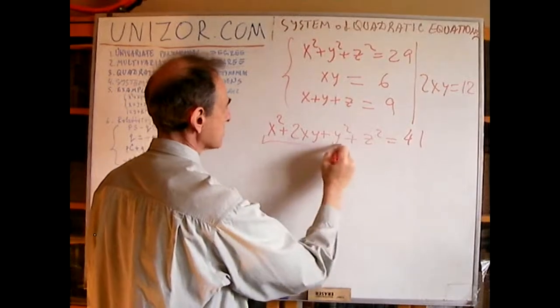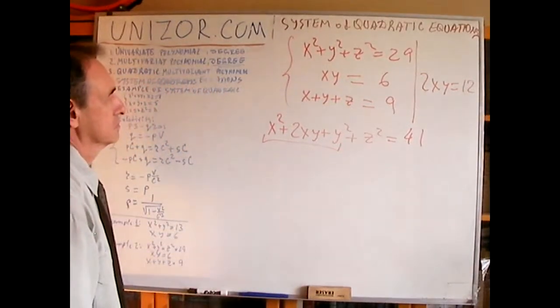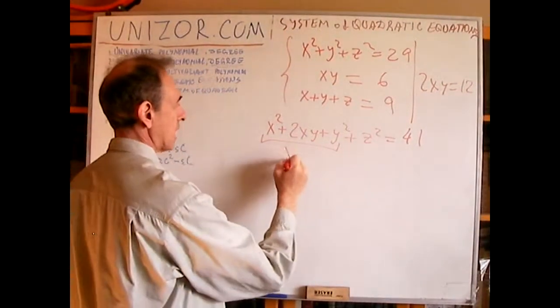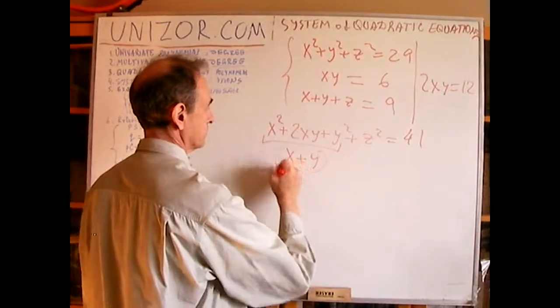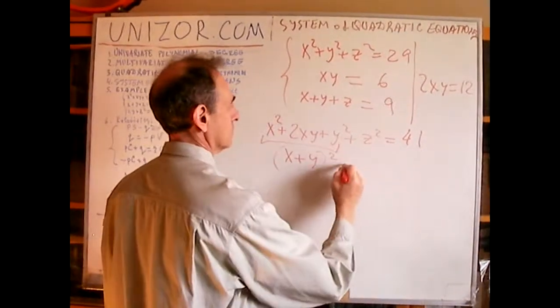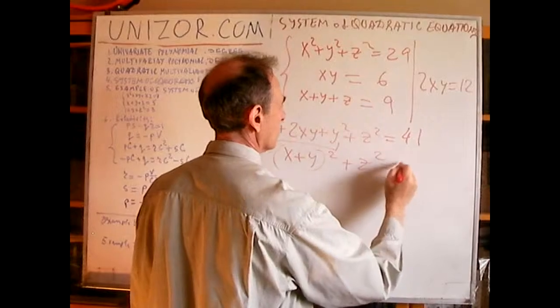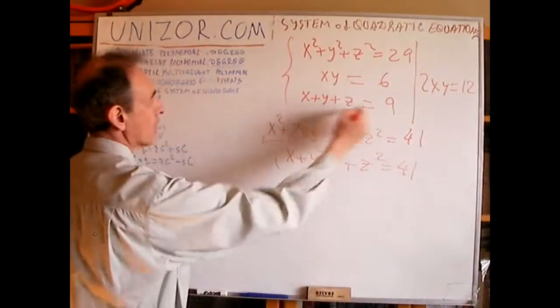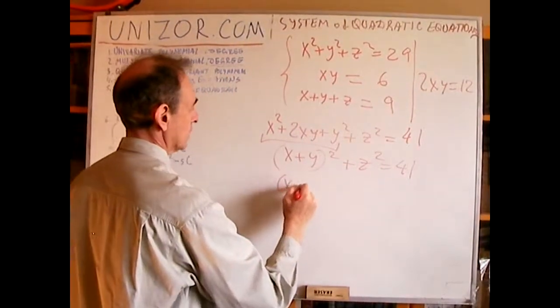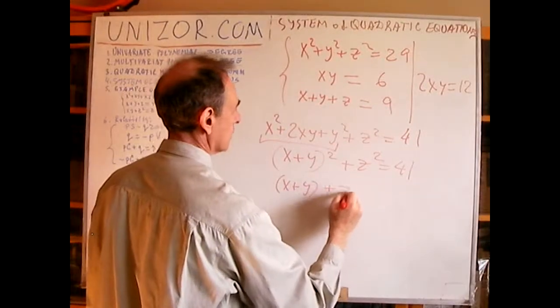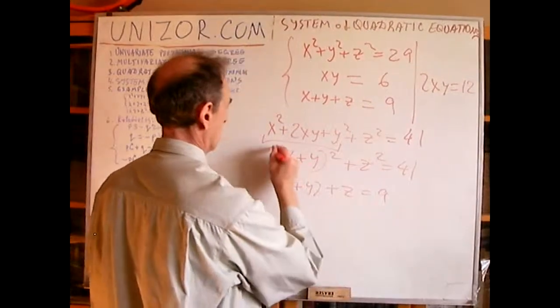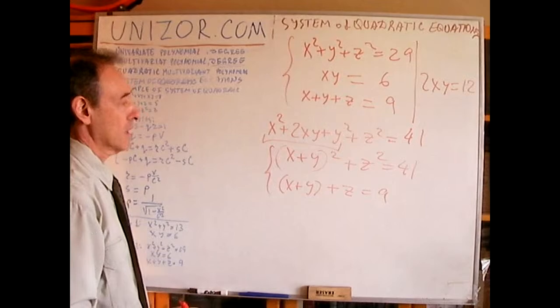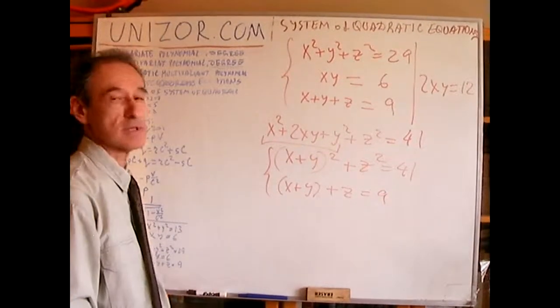Now, what is this? Well, this is obviously (x plus y) squared plus z squared equals 41. And let me rewrite the bottom equation, but I will put parentheses around it. Now, what's interesting about this system?